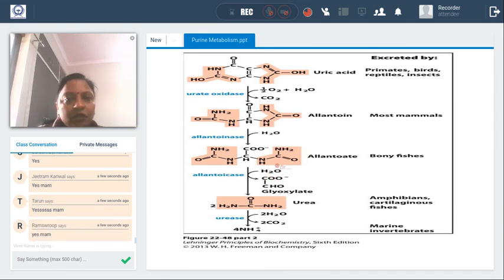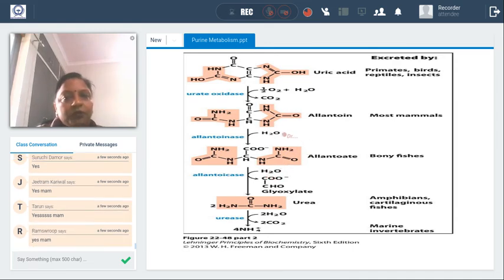Our next topic will be related to pyrimidine catabolism and anabolism, that is pyrimidine metabolism. I will tell you later the time of the class. Tomorrow a quiz will be taken from this whole topic, purine metabolism.